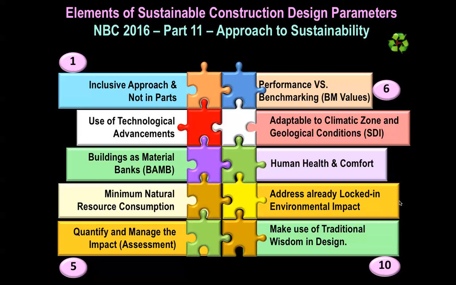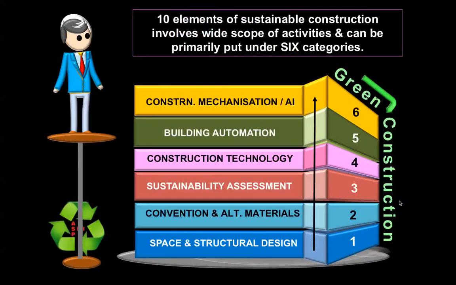So when we synergize and bring harmony into all these elements, when we come to the construction aspect of it, we land up categorizing all these 10 important parameters of elements of sustainable design into 6 important construction industry parameters.